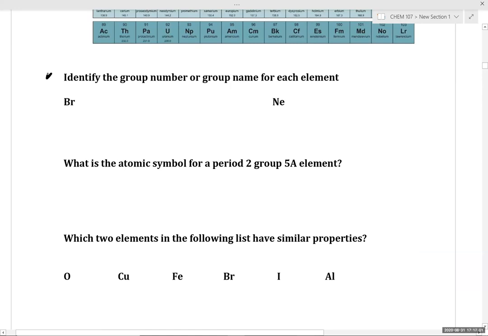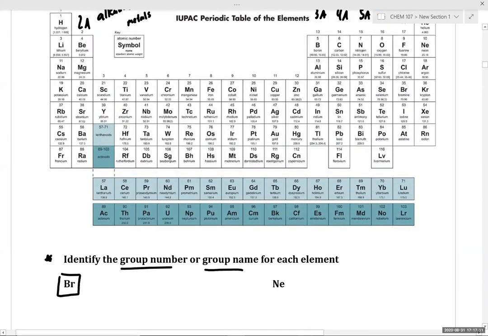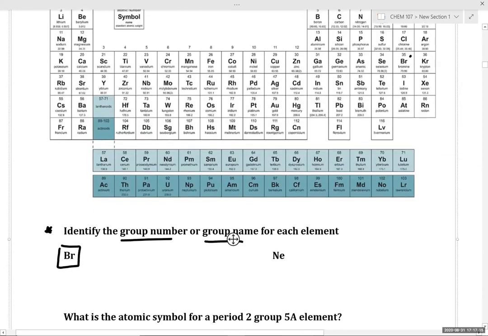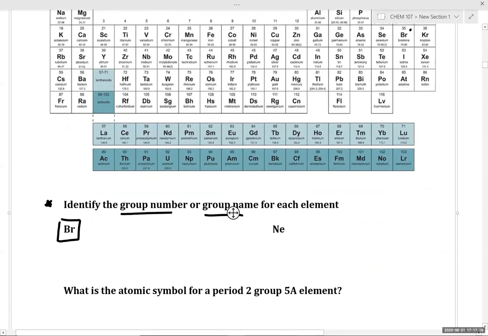So in this first example, we're asked to identify the group number or group name for each element. So for bromine, I'm going to go over to bromine, and I see bromine is in group 7A. Okay, so I'm going to write group 7A, and that means bromine is best known as a halogen.